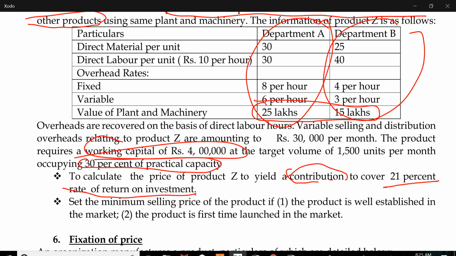Next, investment for product Z is equal to 30% of plant and machinery plus working capital.